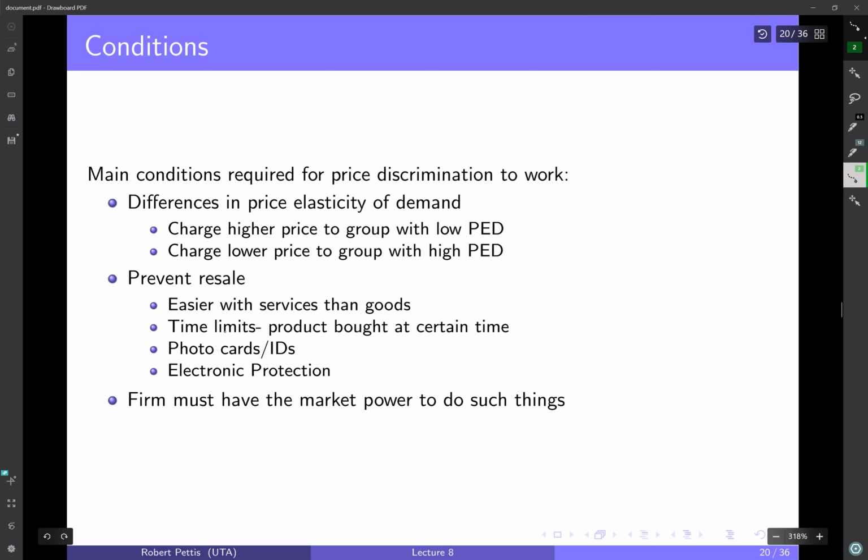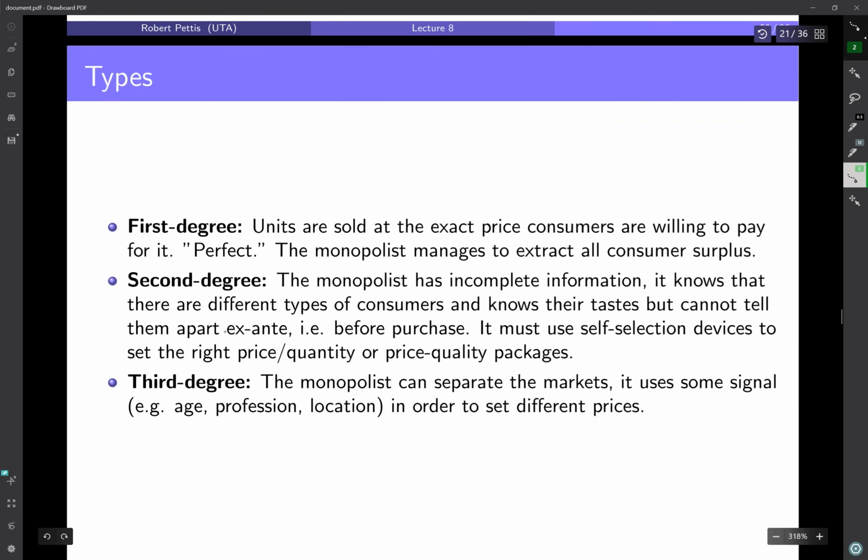You could require photo cards, ID, or have some sort of electronic protection. So, for example, goods that are sold online, it's really hard to resell a product that you downloaded. You've also got to have, as I said, market power to do such things.